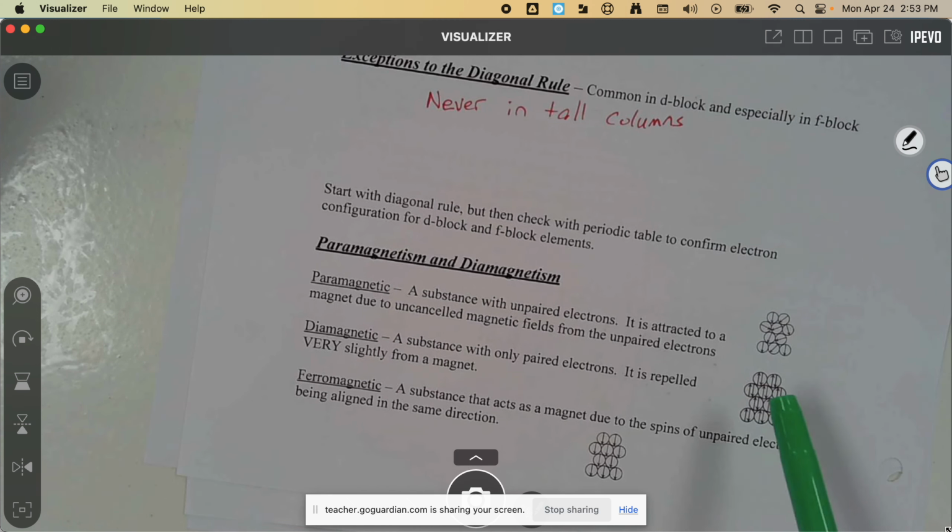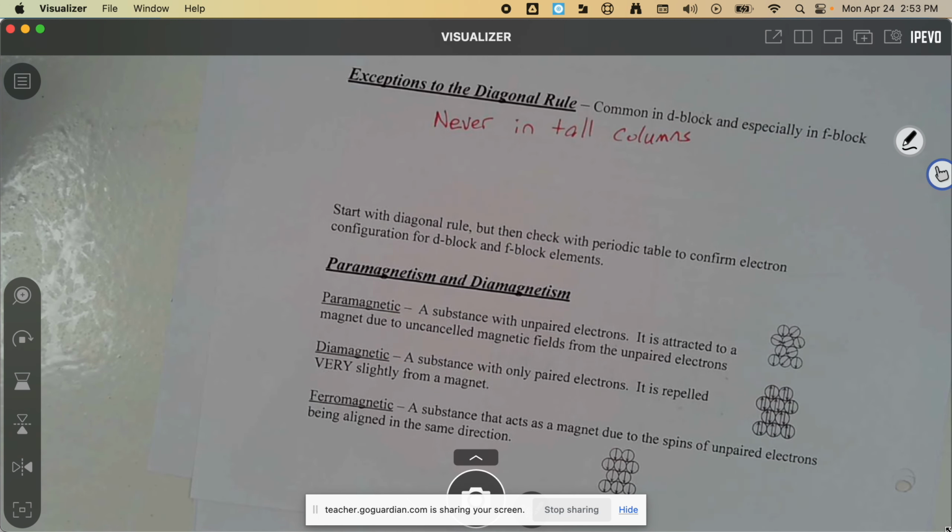So a paramagnetic substance is attracted to a magnet. A diamagnetic substance, for every electron going this way, has one that goes the other way, and the magnetic fields cancel one another, and it's not attracted to the magnet. It's actually repelled very slightly, but I tend to ignore that because that's not as significant as just knowing if it's got paired electrons, those magnetic fields cancel one another.